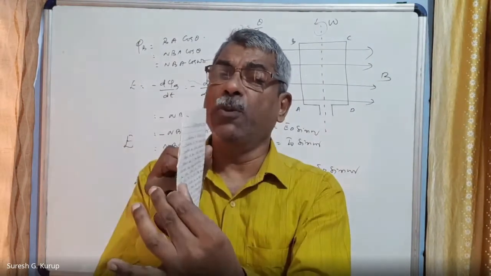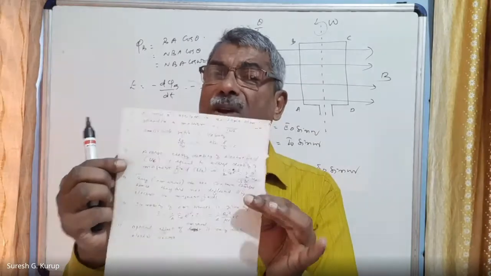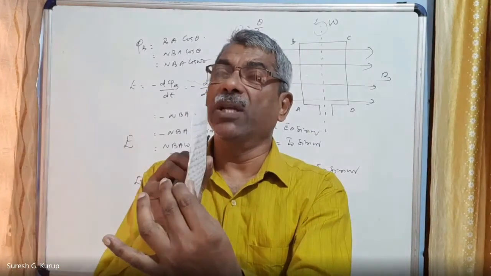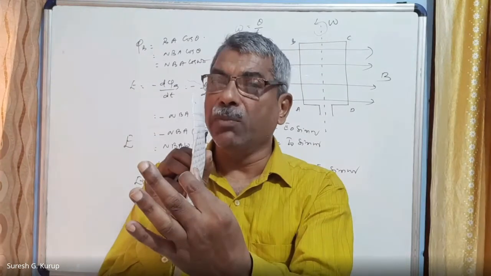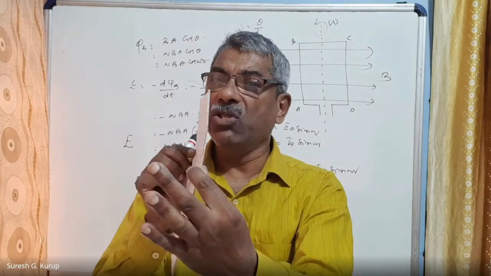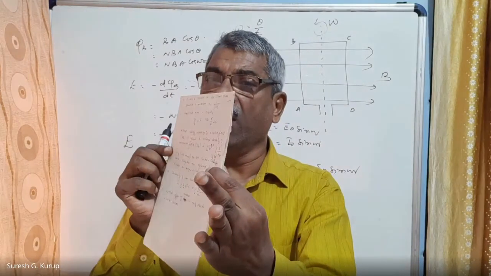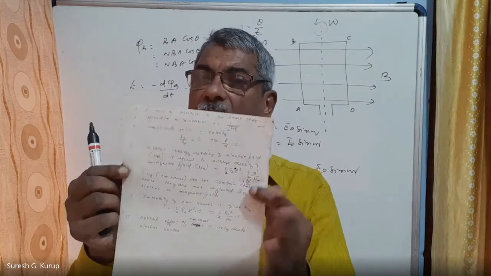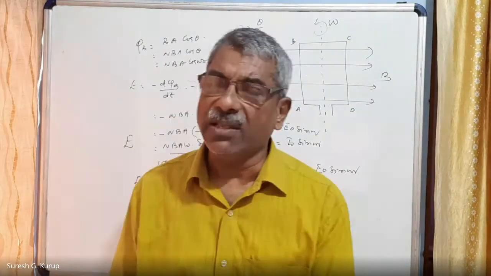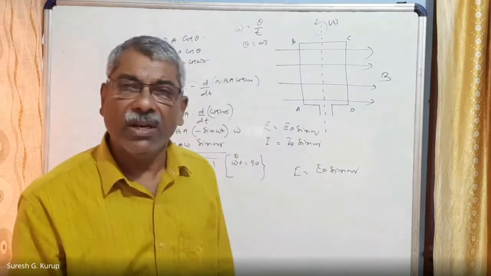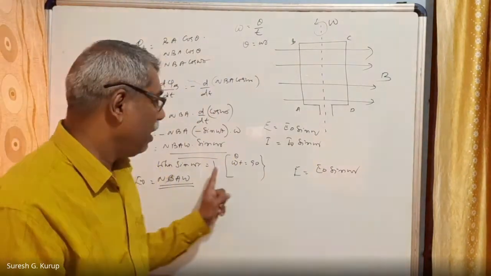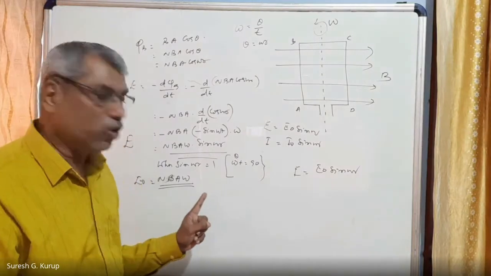From this position to this position, when the coil rotates, the magnetic flux variation takes place. Here it is maximum. From maximum, gradually the flux goes on decreasing and becomes equal to 0. A large variation takes place. Due to change in magnetic flux, EMF is induced in the coil. When the angle theta is equal to 90 degree, the EMF is maximum.